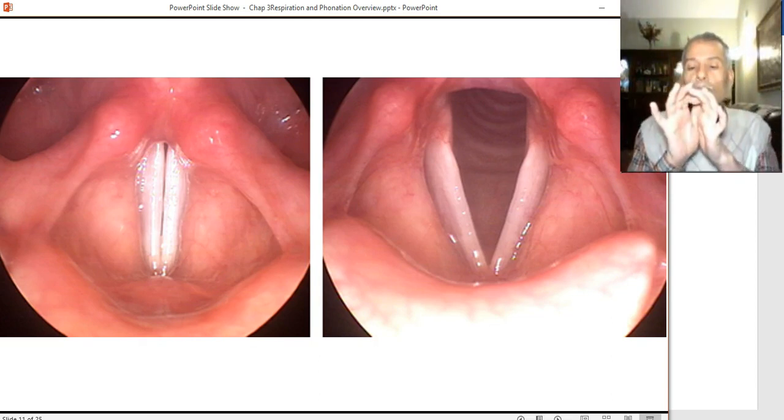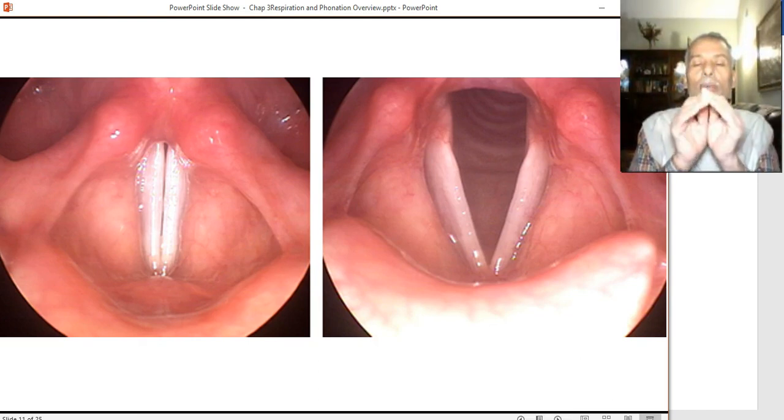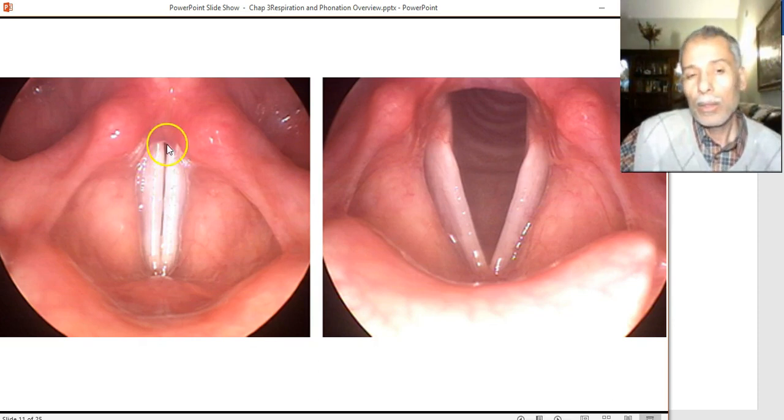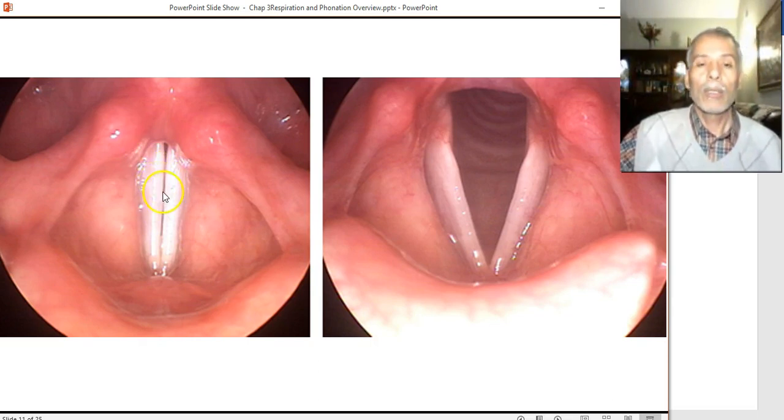That means the vocal folds are constantly closing and opening 215 to 225 or so times per second. For males, it's about half that, 100 to 115.